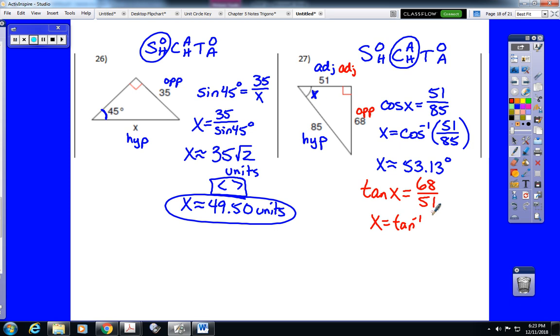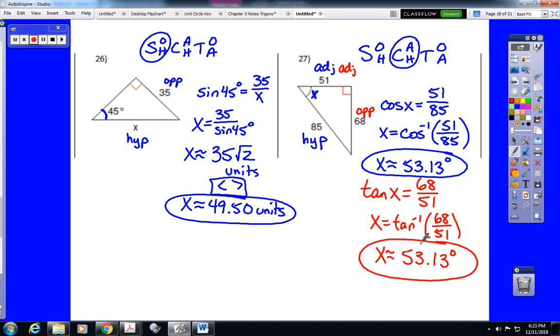We would take the inverse tangent of 68 over 51. Guess what? Feed that to the calculator, 68 divided by 51. Oh my God, it's exactly the same value. So it doesn't matter which trig function you use. If they give you all three side lengths, pick two of them and solve for x.